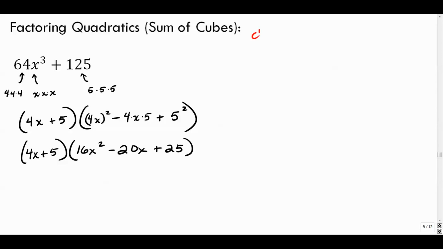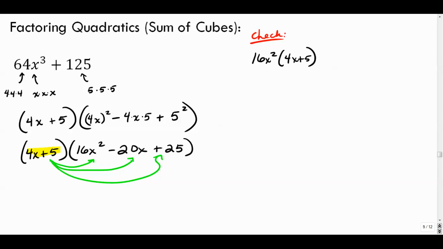So let's check that. When we check, we basically just want to take, as I said before, take this and just distribute it into all three terms. So let's see what happens here. We've got 16x squared times 4x plus 5 minus 20x times 4x plus 5 plus 25 times 4x plus 5.